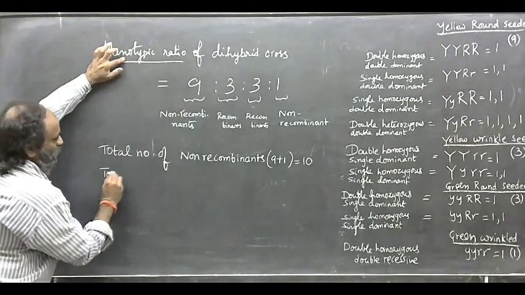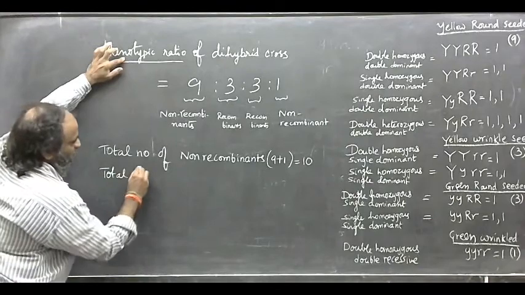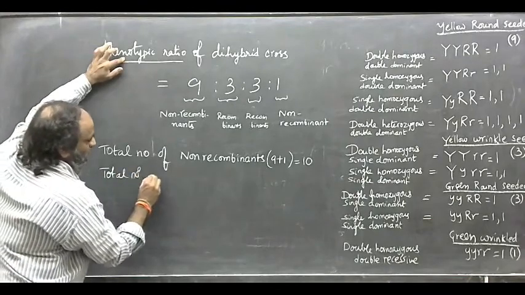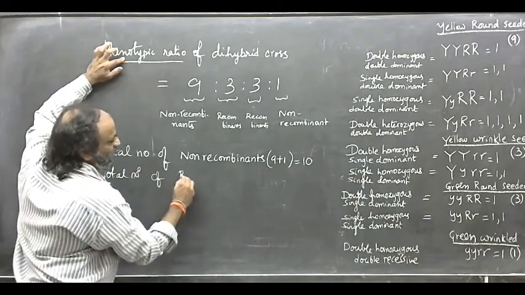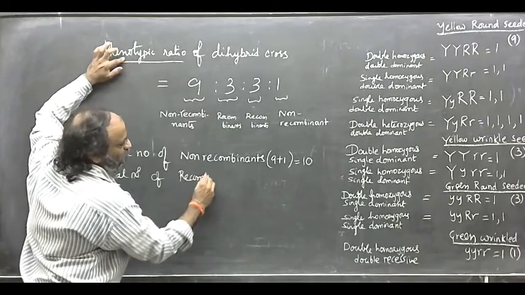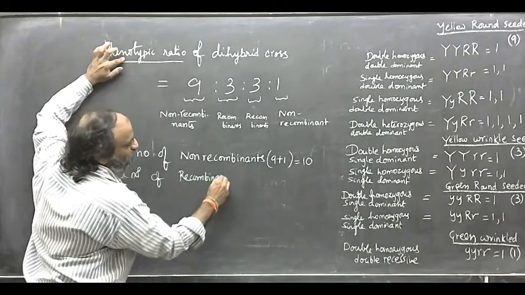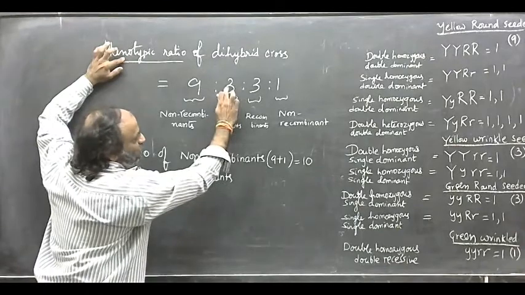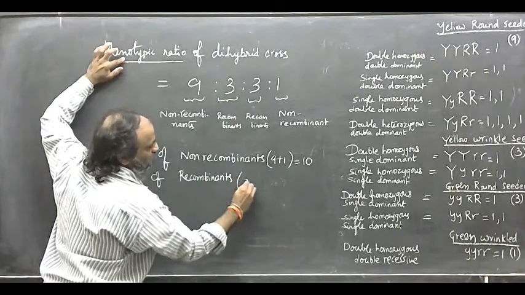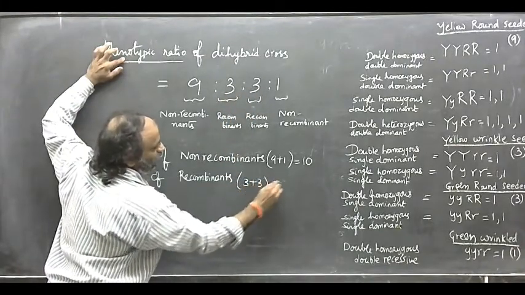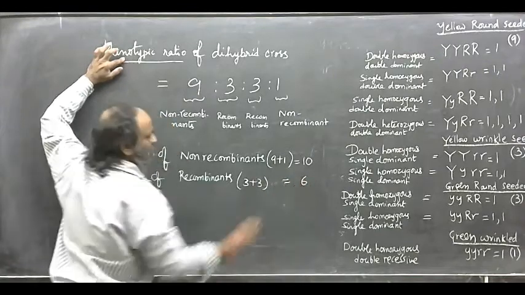The total number of recombinants, that is 3 plus 3, is equal to 6.